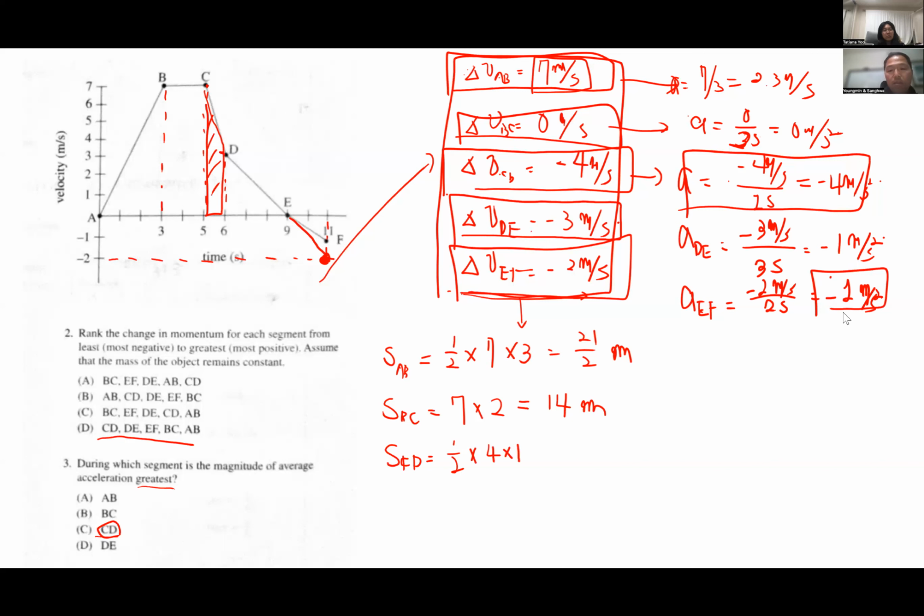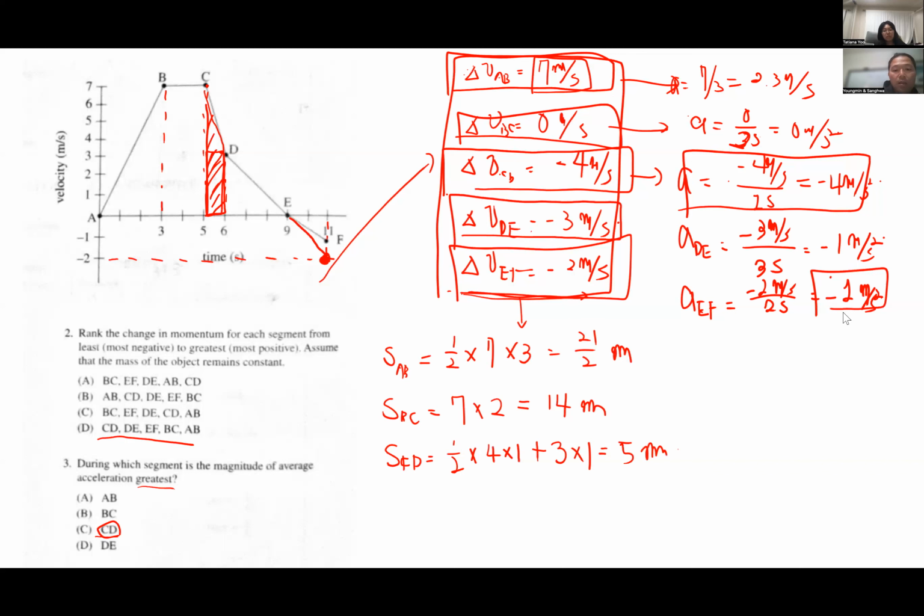That velocity changed to 3 meter per second from 7 within 1 second. And there's also a rectangular shape right there. So that is 3 times 1. So that is 5 meter.